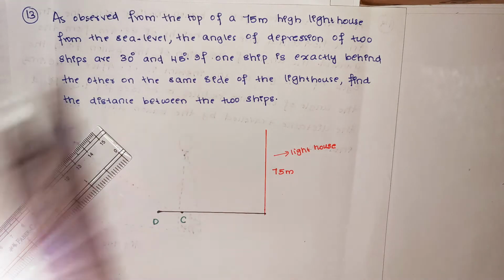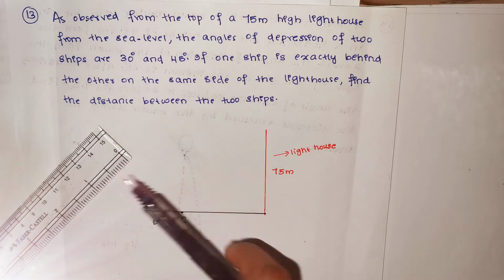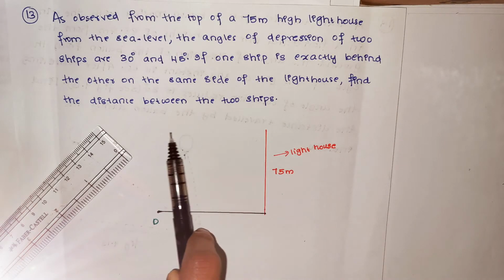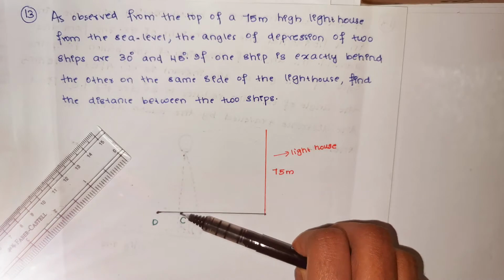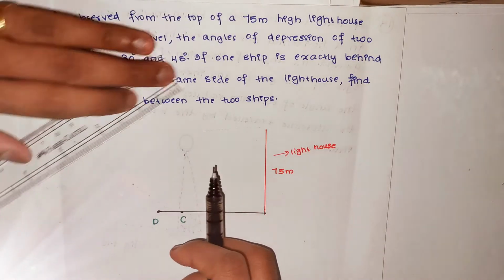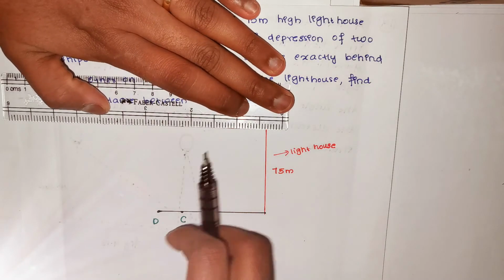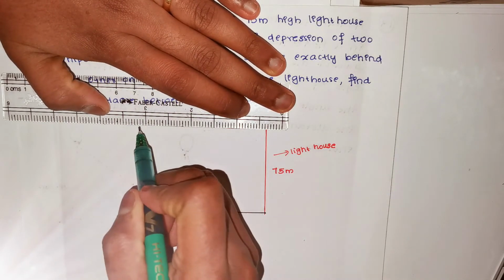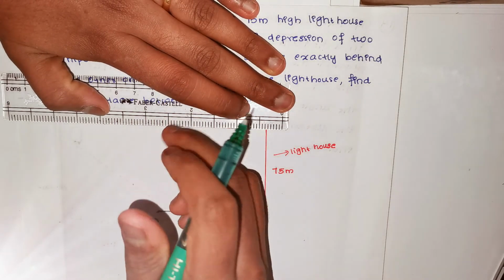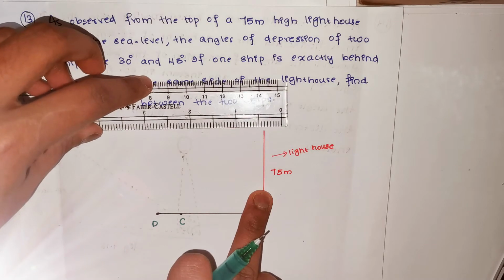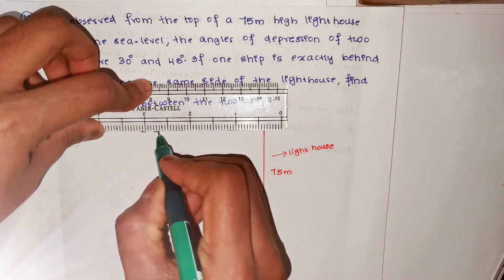Students, angles of depression means we get the horizontal here and the angle will be downwards. So we can draw the horizontal here. If you have any doubts, please watch the first intro section on angles of depression and angle of elevation. So this is our horizontal.